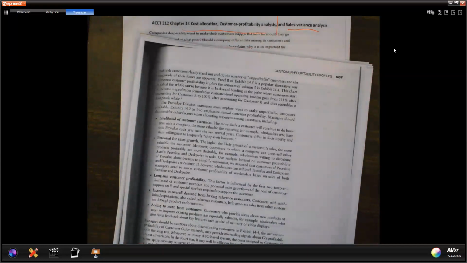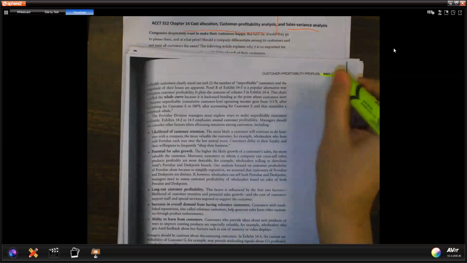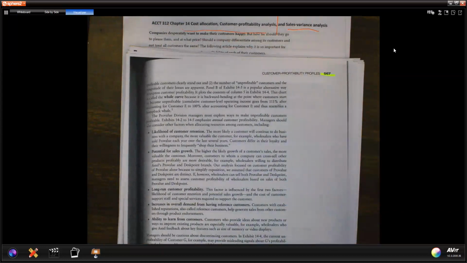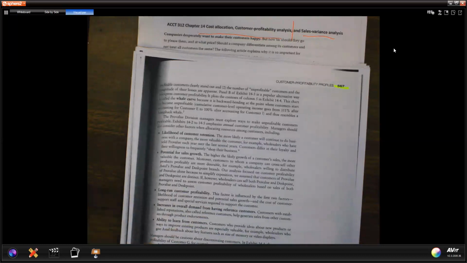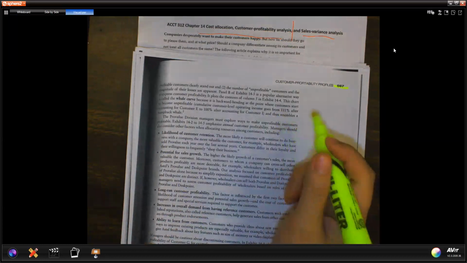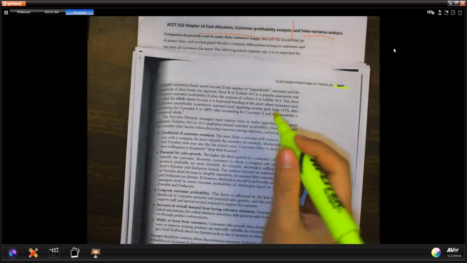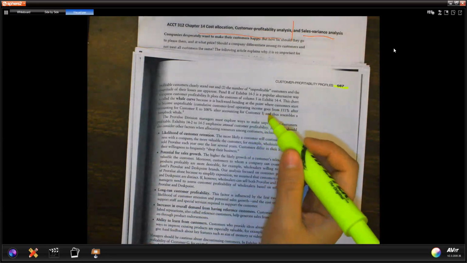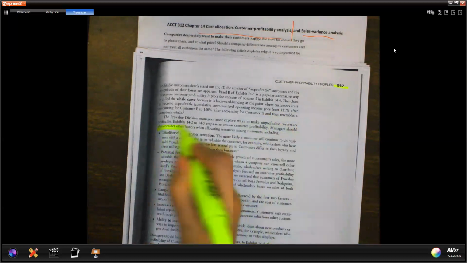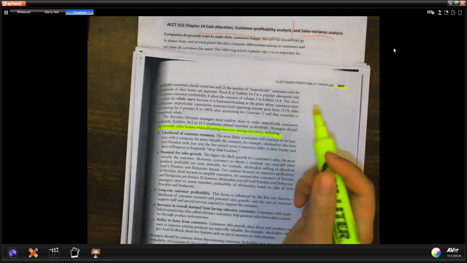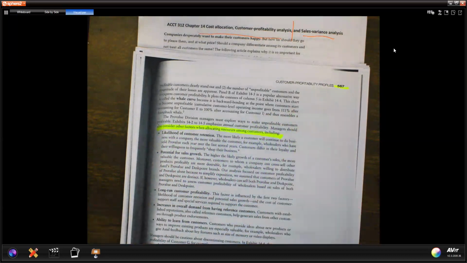The next part, on page 567, is how we treat our customers and how we allocate our resources. We keep talking about customers, and profitability is the most important thing, but we also want to think about other things when we allocate resources besides profitability.